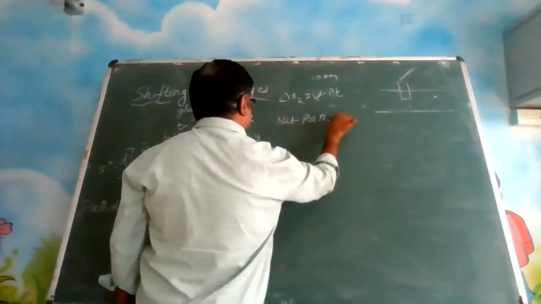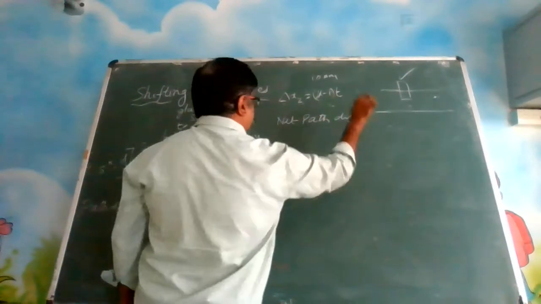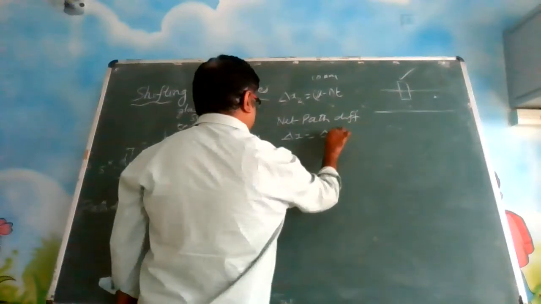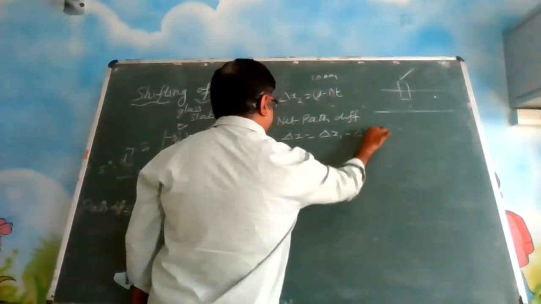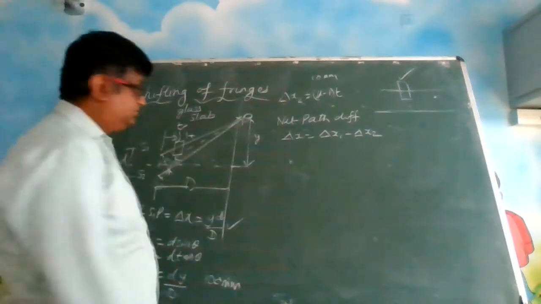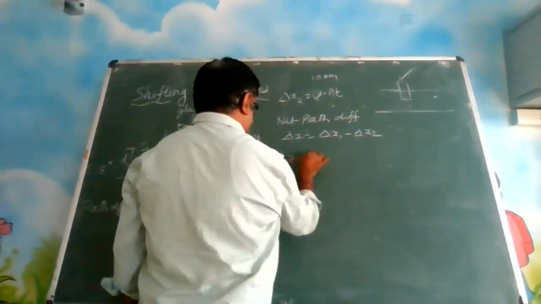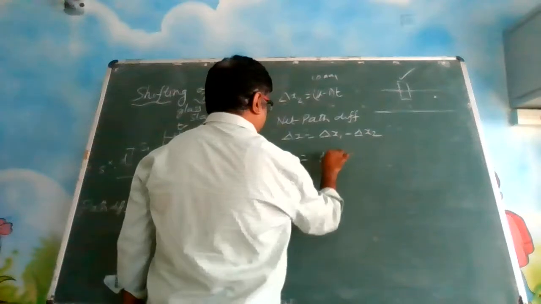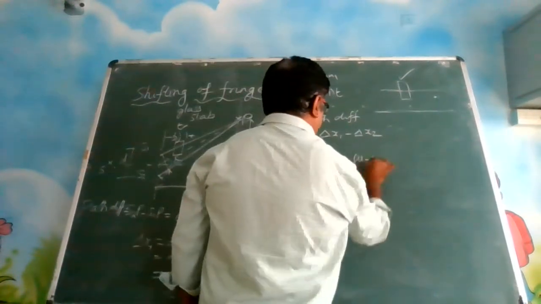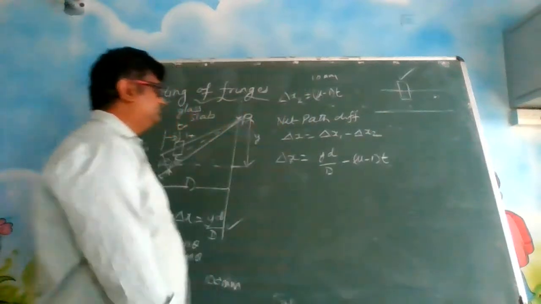Net path difference is equal to delta x is equal to delta x1 minus delta x2. So this minus that. So delta x is equal to y small d by capital D minus (mu minus 1) into t.